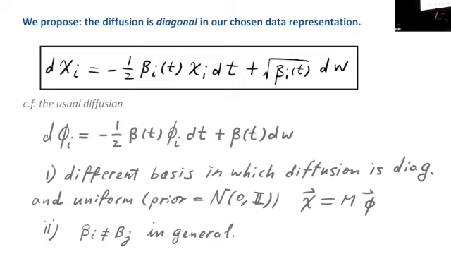So compared to the usual diffusion, which is this SDE in gray, there are two main differences that we're proposing. The first is that it's a different basis in which diffusion is diagonal and uniform in terms of the prior distribution.